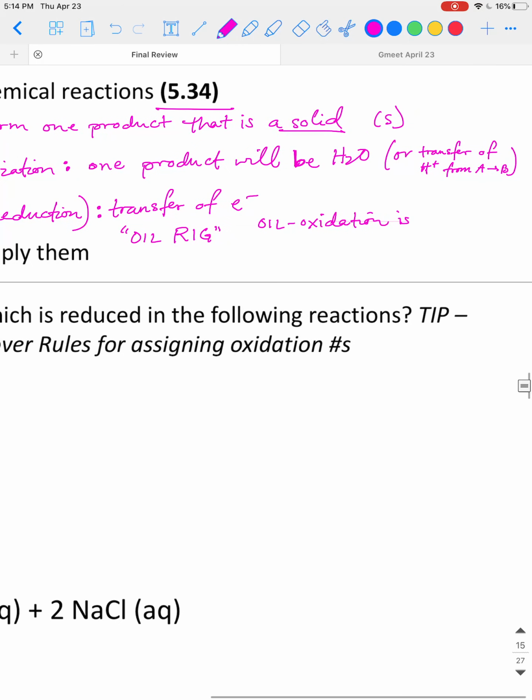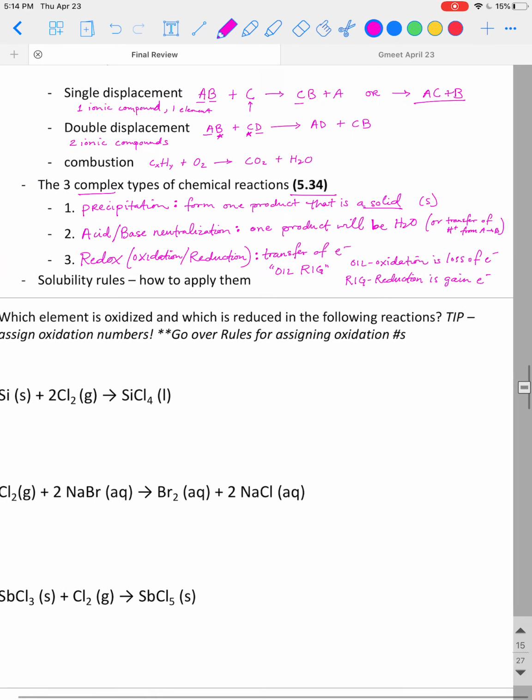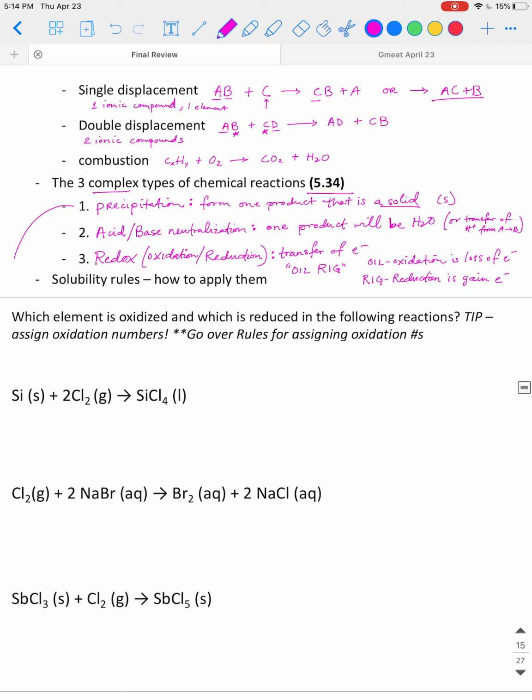OIL: oxidation is loss of electrons, and RIG: reduction is the gain of electrons. If you're gaining electrons, you're being reduced in your charge. If you're losing electrons, you're being oxidized and your charge is increasing.